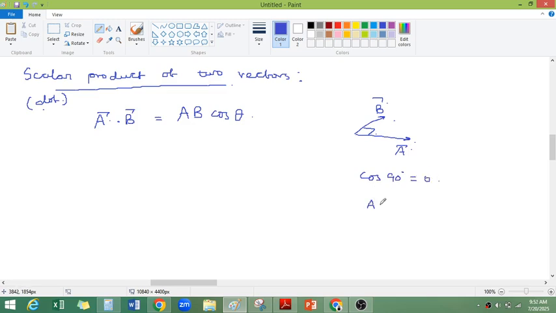So whenever the dot product of two vectors is 0, we say the angle between them is 90 degrees. Okay, so it's one of the vector multiplication methods.